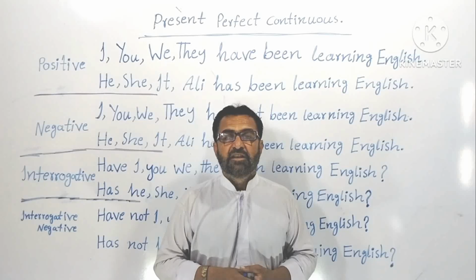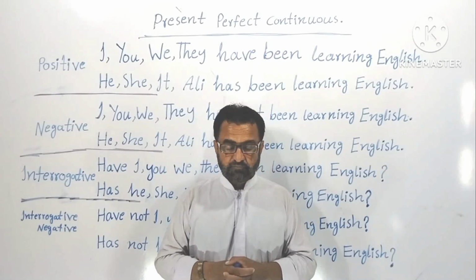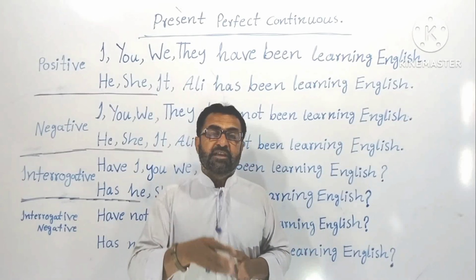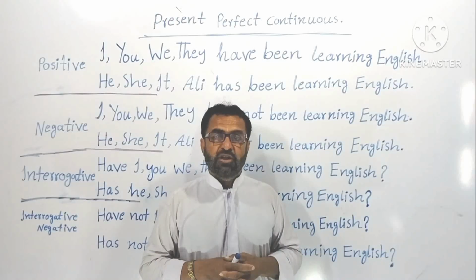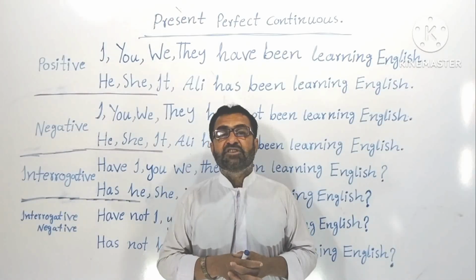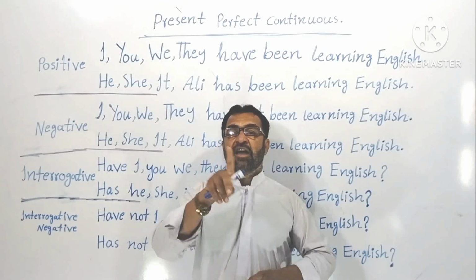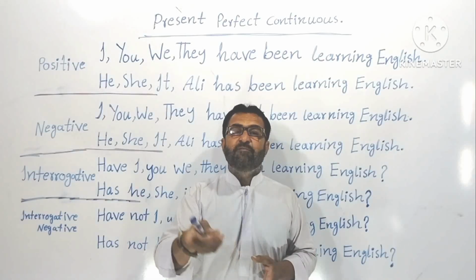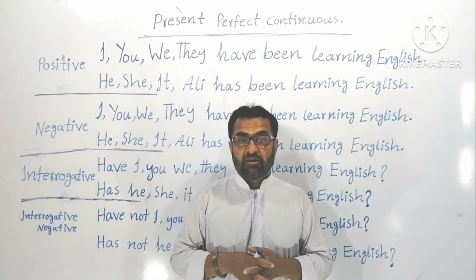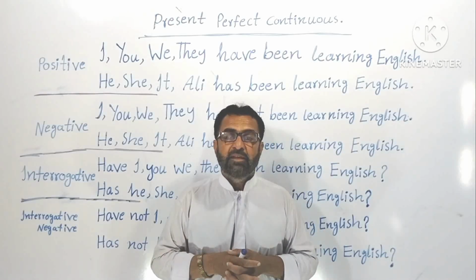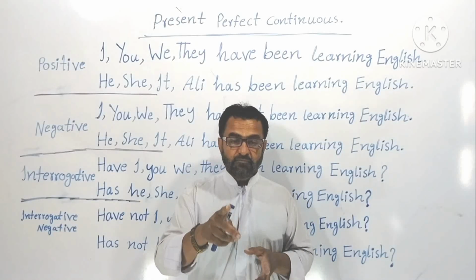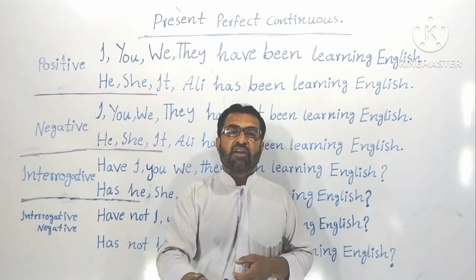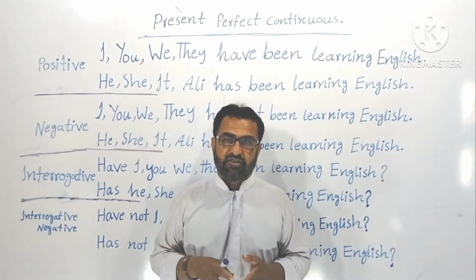Now, if you do something weekly, any work that happens every week, and you haven't stopped in the middle, like Friday prayer for Muslims. We offer Friday prayer, Juma prayer. So if you haven't stopped offering prayer every Friday, then it is present perfect continuous.